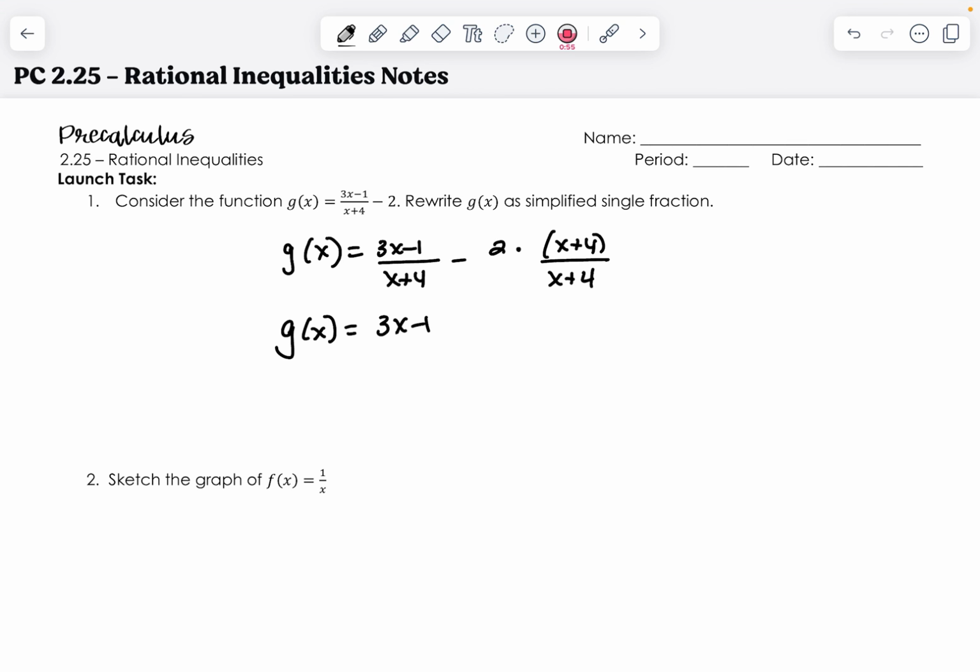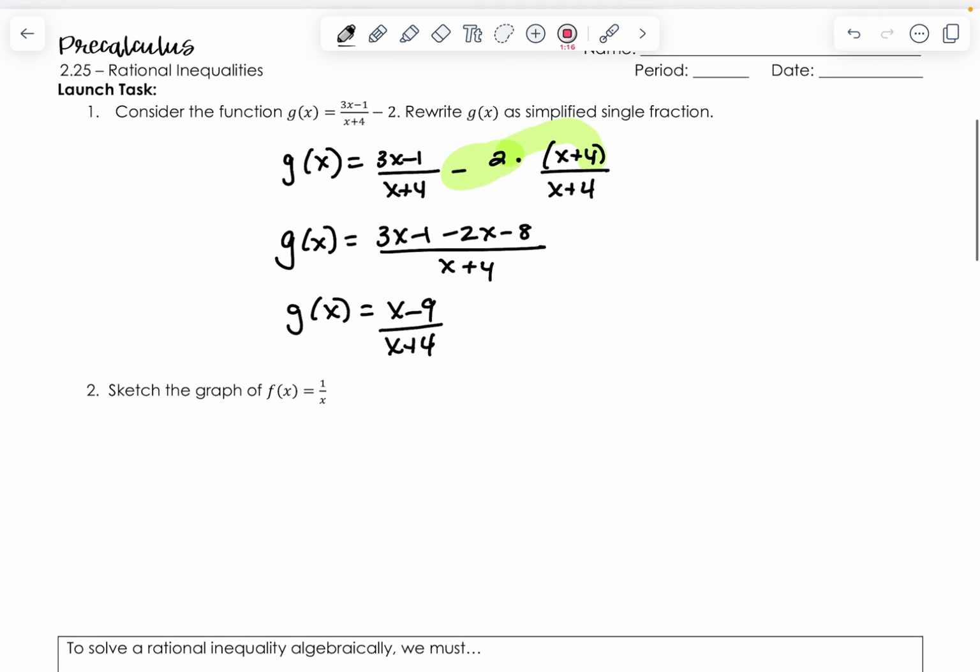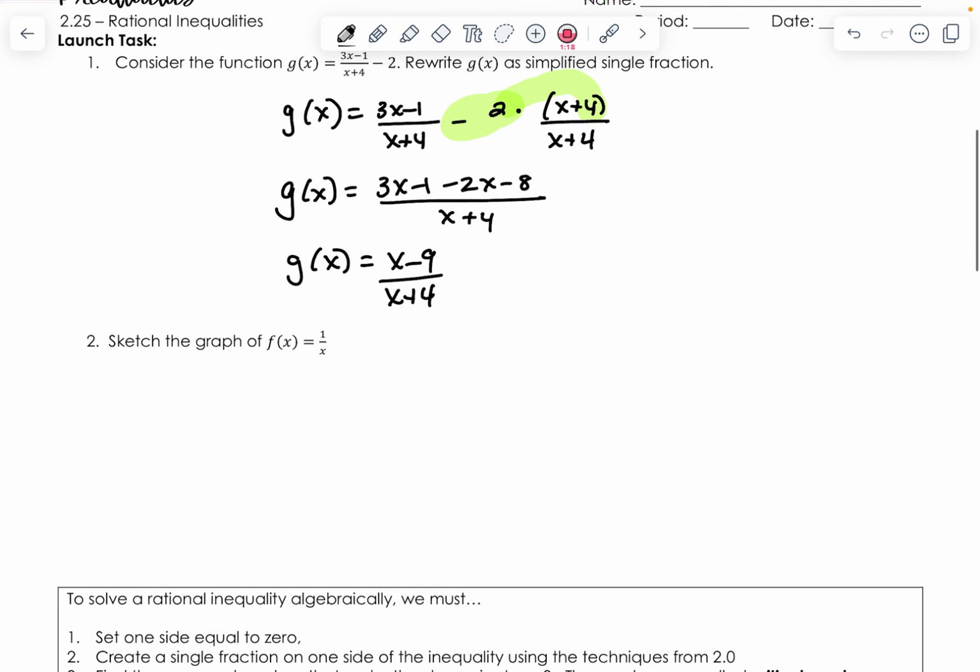So this is 3x minus 1 minus 2x minus 8. Be careful. You're going to multiply by the negative 2 and the positive 4. So be careful with that. So g of x is x minus 9 over x plus 4. All right, we're going to need that a little later.